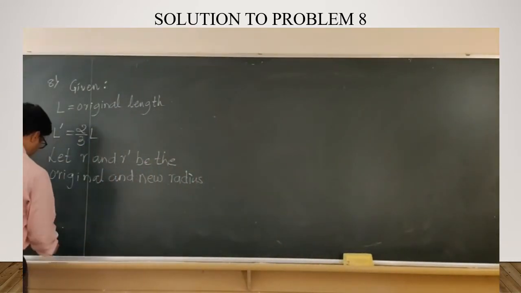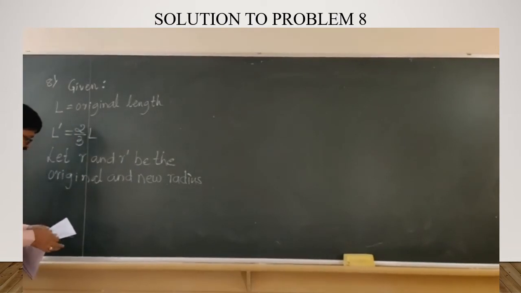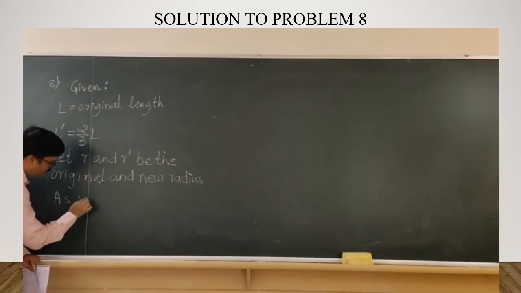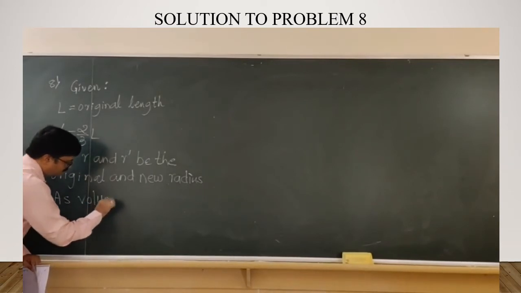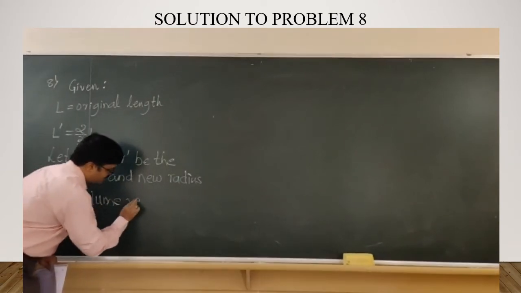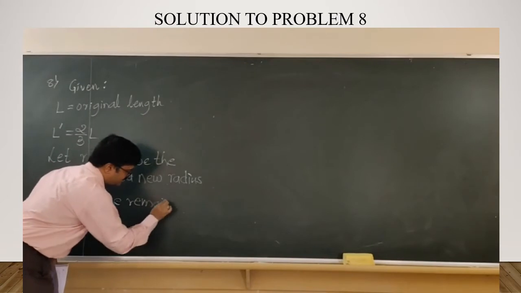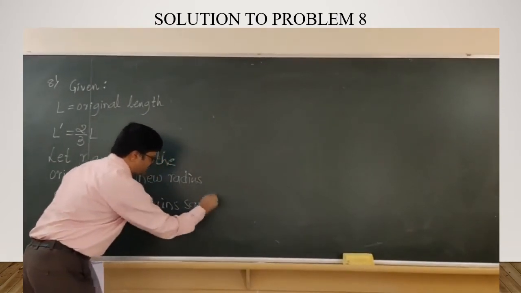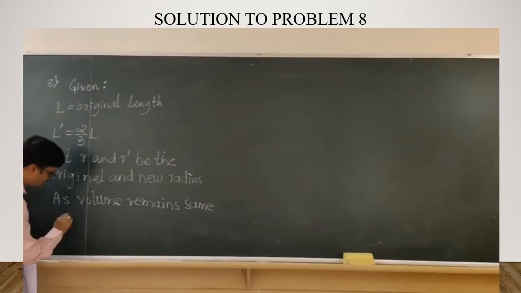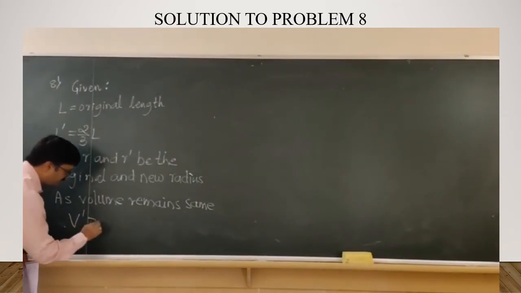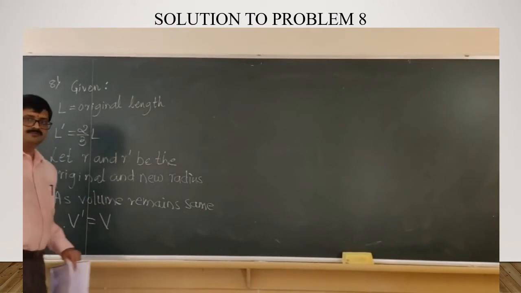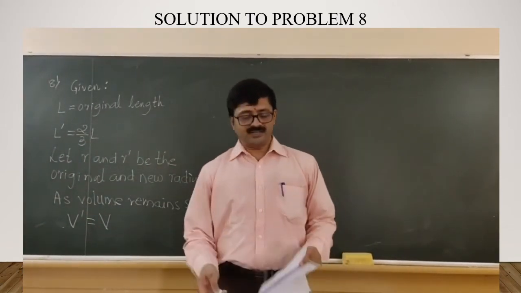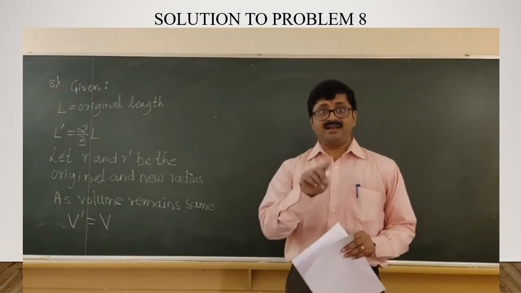We can very easily write here that volume remains the same. As volume remains the same, that means we can say V dash is equal to V. And over here, volume can be written as what, my friends? Area into length.